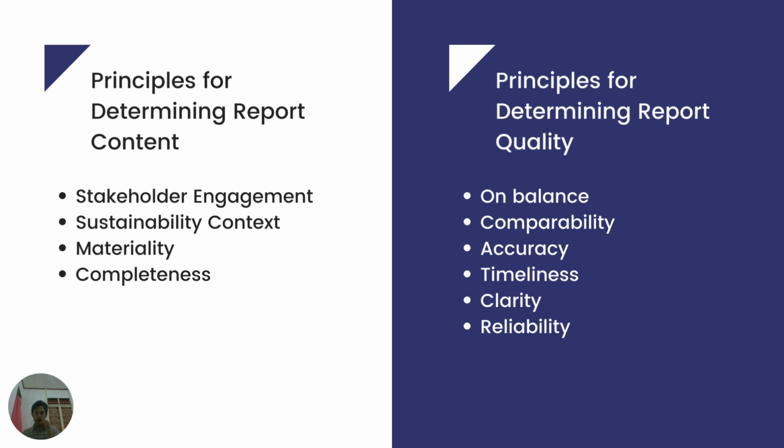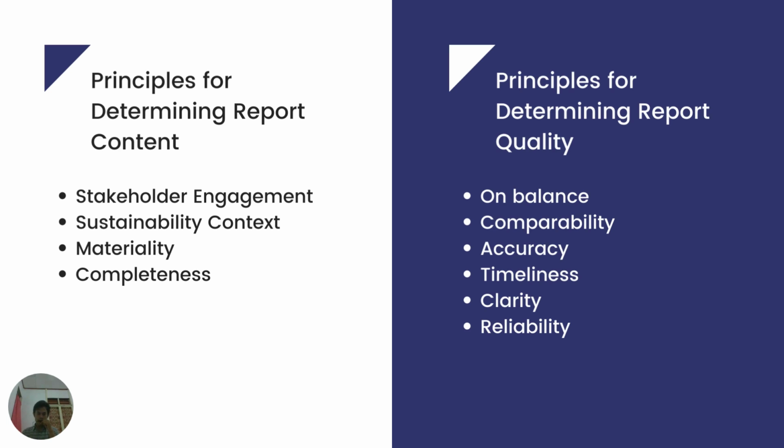The organization must report on a regular schedule so that information is available in a timely manner for stakeholders to inform decisions. Number E is clarity. The organization must make information available in a manner that is understandable and accessible to stakeholders who use the report.